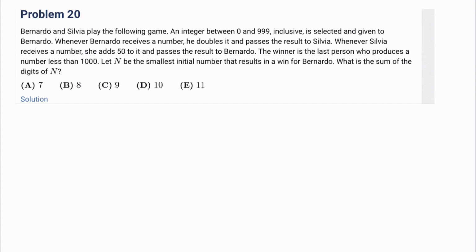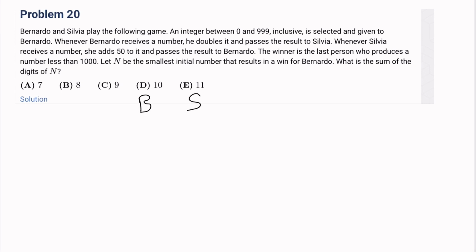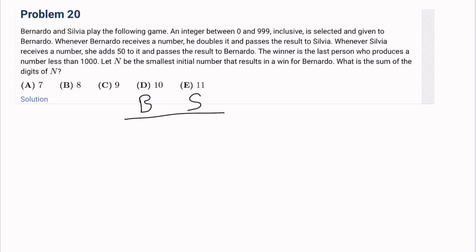Okay, so let's have Bernardo and Sylvia, and if Bernardo gets A, then he doubles it and passes the result to Sylvia, so Sylvia gets 2A.